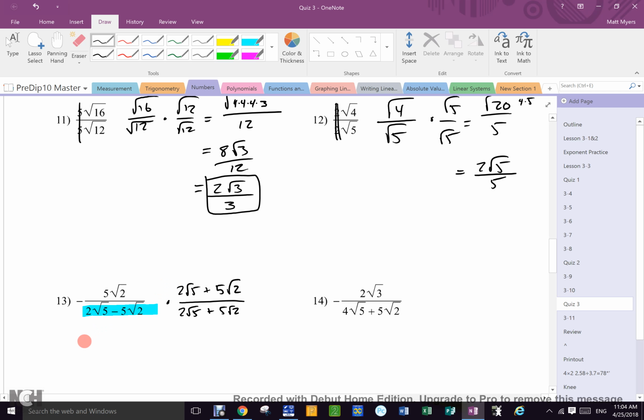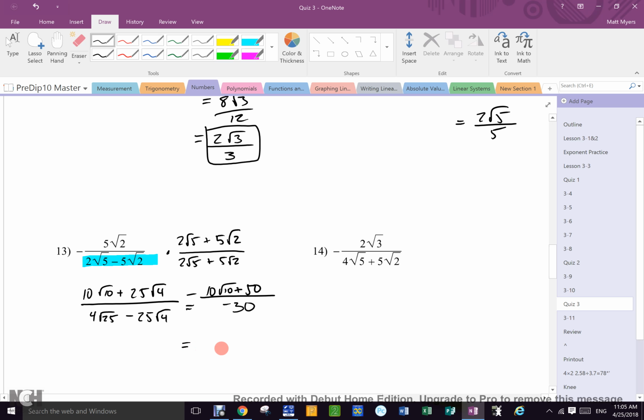So that is going to be 10 root 10 plus 25 root 4 over 4 times the root of 25 minus 25 times the root of 4, which is 10 root 10 plus 25 times 2 is 50 over 4 times 5 is 20. 25 times 2 is 50. 20 minus 50 is negative 30, and there's a negative out in front, don't forget.